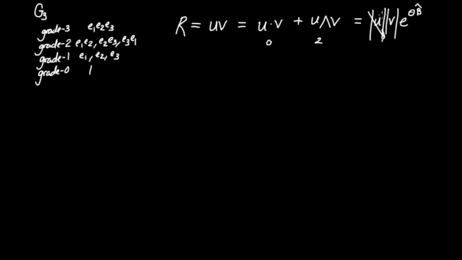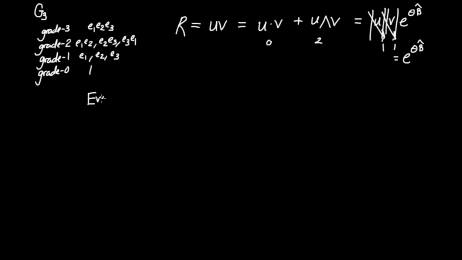Now in the special case where both are of unit length, this will just be e to the theta b hat. But this is always going to contain grade 0 stuff and grade 2 stuff. And because it's only going to contain elements of even grade, the grade 0s and the grade 2s, we're going to draw our attention to a specific subset of G3 called the even subalgebra.